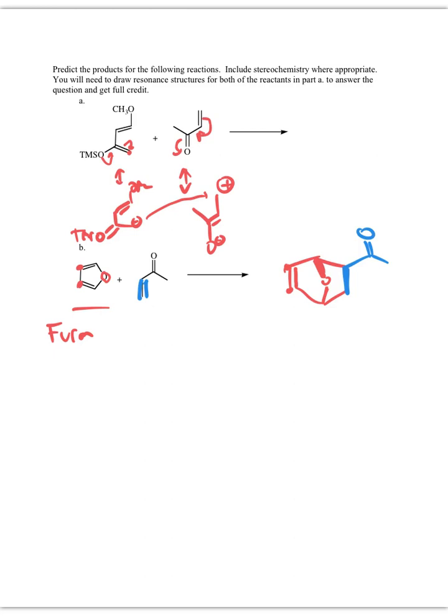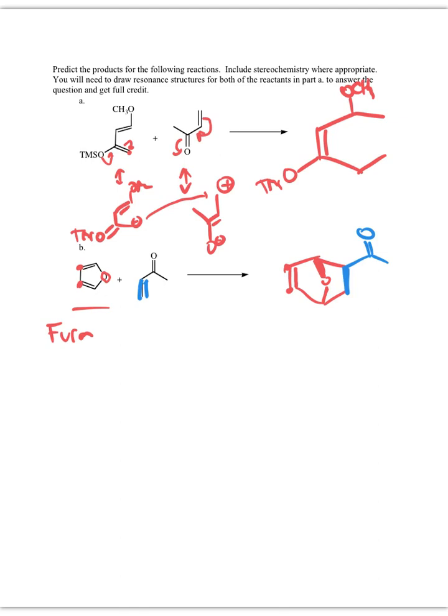So for these to line up in the product, and we'll draw another one of these as we're going along, the diene would have to have this with a double bond in between carbons 2 and 3.